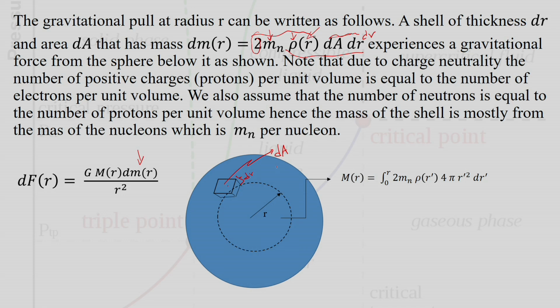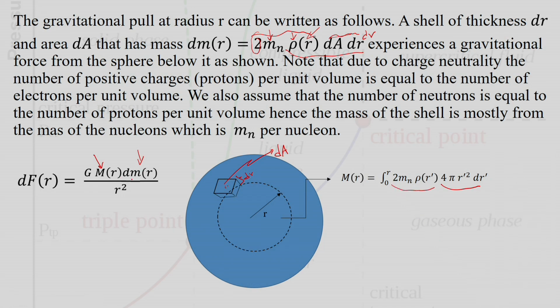It does not matter what is outside. If you have spherical symmetry, the gravitational force exerted on this mass is all because of the mass inside. This M(r) is the mass inside this dotted line. And what is that mass? It is the volume integrated from 0 to r times the density.